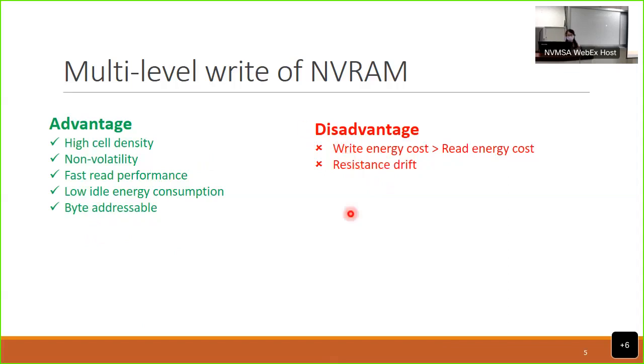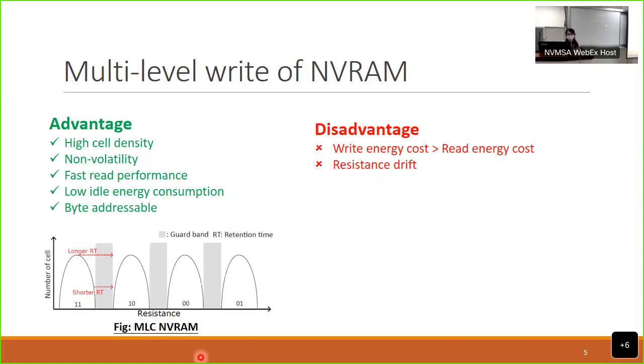So what is resistance drift? Resistance drift is a phenomenon where the resistance changes after a while. For example, this figure shows how MLC NVRAM distinguishes different bit patterns. They usually divide the resistance into several states with guard bands.